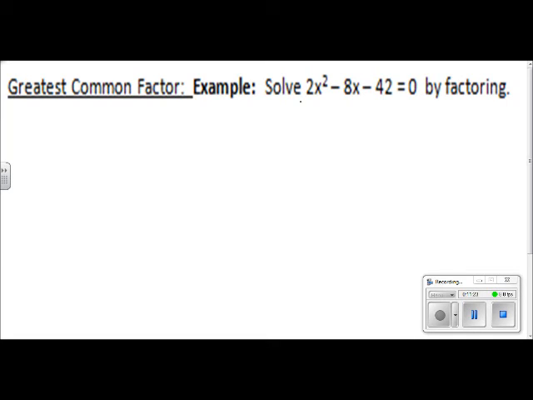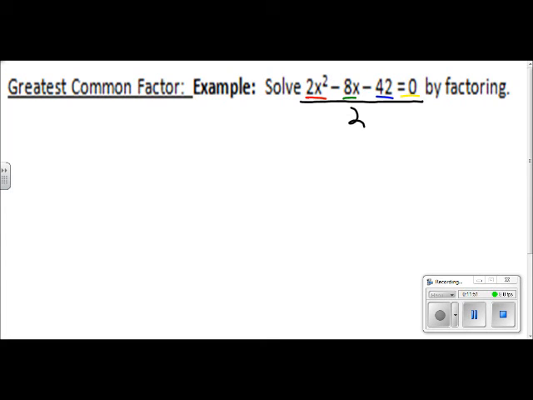Now, in this example, we notice that we have 2x squared minus 8x minus 42 equals 0. So you might say, oh, I want to try that new AC method that we just tried. Well, we could do that, but it might take a little while. We could also notice that we could factor a 2 out of all of these terms, here, here, here, and technically even here.